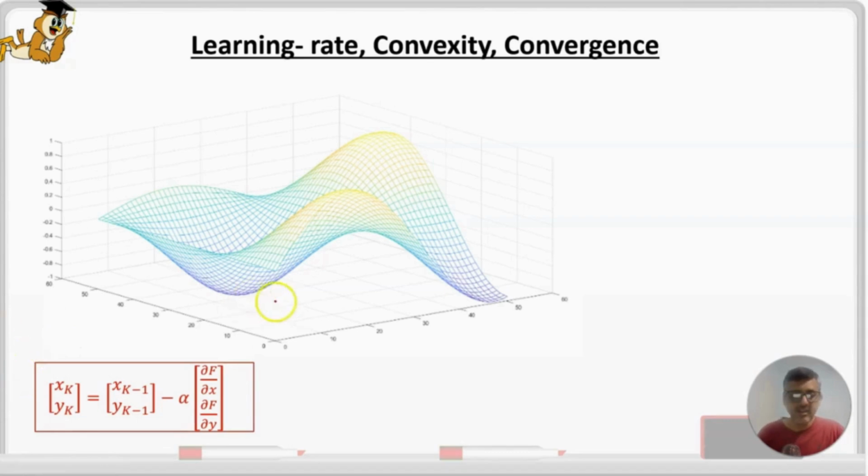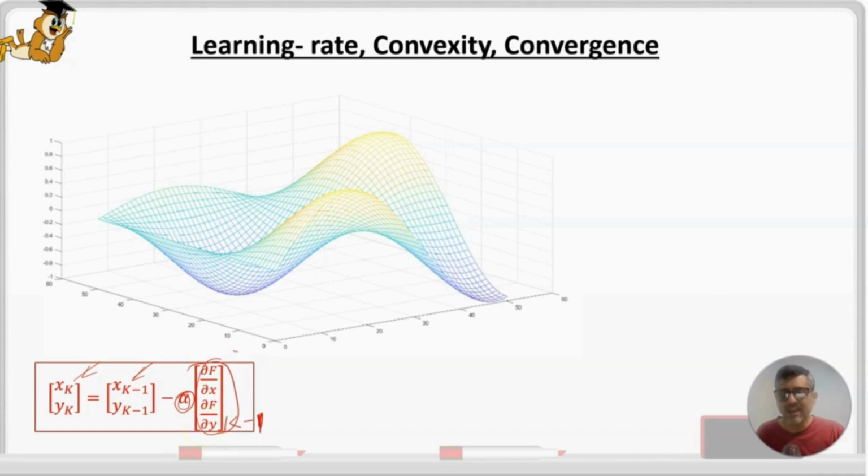Remember, we said that in the iterative optimization solution, you move to your new point xk, yk from the point xk minus 1, yk minus 1 by moving in the direction of negative gradient, where the gradient value is computed at the point k minus 1, by plugging in xk minus 1, yk minus 1. And alpha, we said, was the learning rate or the step size.